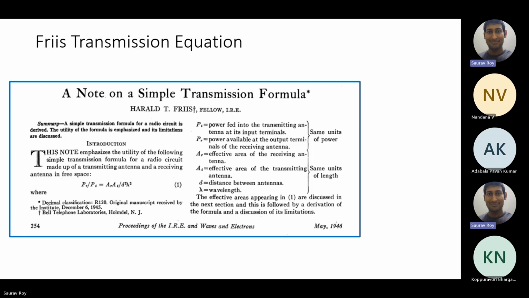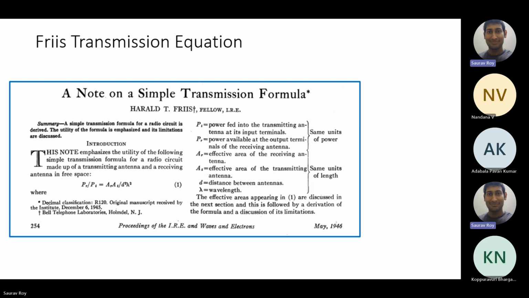IRE stands for Institute of Radio Engineers. IRE is the mother of IEEE. Around, I guess, 1960 or 70, the IRE was transformed into IEEE. So today's omnipresent IEEE was IRE before. All the old papers from the 1950s and earlier were called IRE journal, Institute of Radio Engineers.